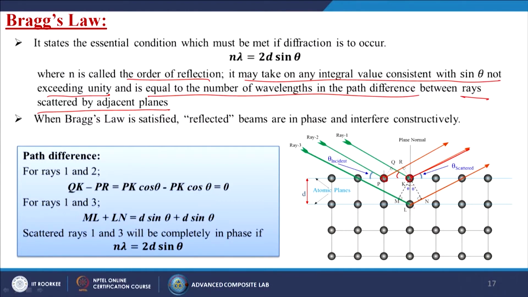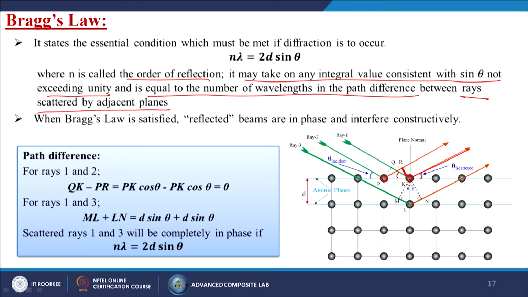Now, how do we calculate the path difference over there? When calculating the path difference of ray 1 and ray 2, ray 1 comes in at angle theta and goes back at angle theta. If we put a perpendicular line from this point P, this is the point Q. For ray 2, from this point K we make a perpendicular on R. So, what will be the path difference?